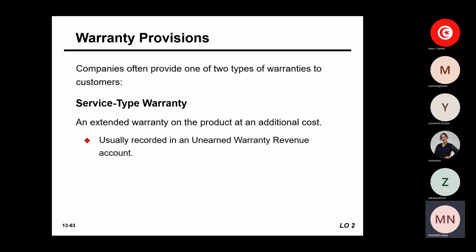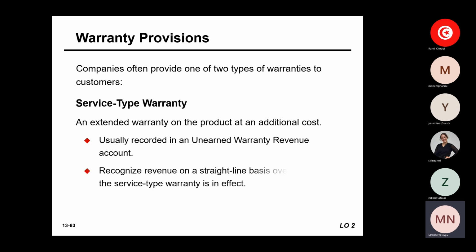Of course, if you have to pay extra money to that firm, the firm will be collecting money for what? For future services. That's why it should be recorded as an unearned warranty revenue. So an unearned warranty revenue account will be credited for that cash collected, and then it will be debited once this unearned warranty revenue is converted into warranty revenue, when this warranty is used by customers.